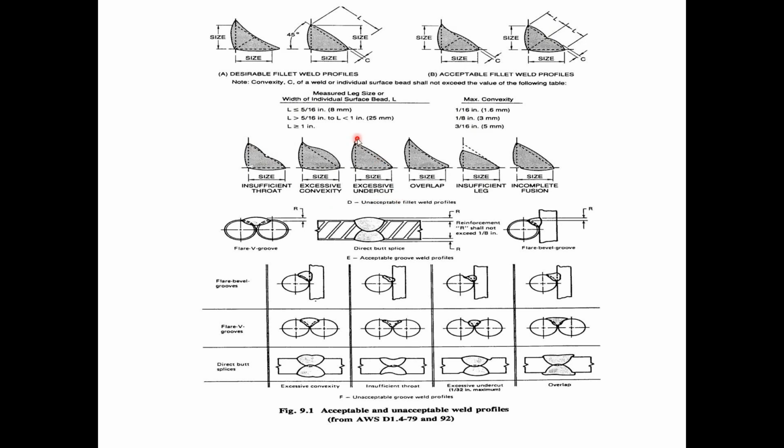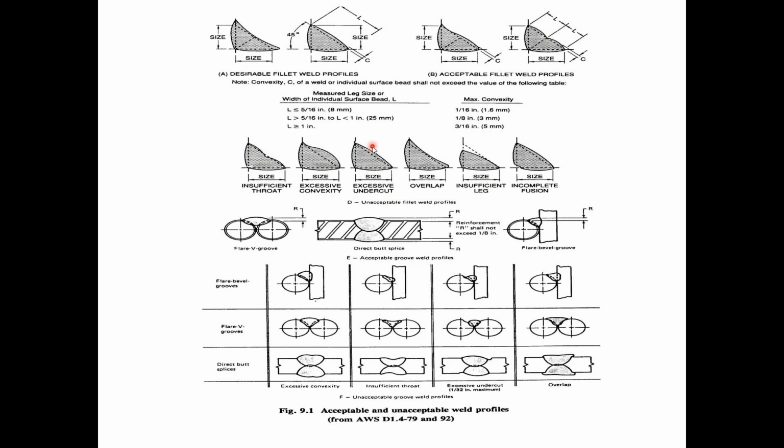This one might be a little hard to see, but you can see right there behind my laser pointer when I move it, there's what looks like a notch that goes back into the vertical base material. That's just a line that represents, well, in this case, the heat was concentrated too long on that point, and so it started to melt the material away such that you've effectively reduced the cross-sectional area of that base material along that shear plane or tensile plane, so that you've reduced the strength of it by undercutting it.